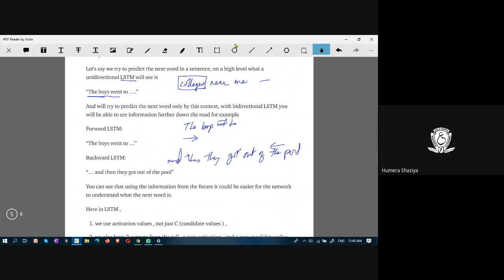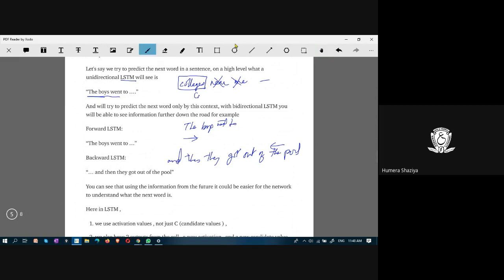If you don't know what is there after colleges, means the system, the LSTM, does not know what follows this one, then LSTM may not be able to predict what may come as the succeeding word which is more appropriate.